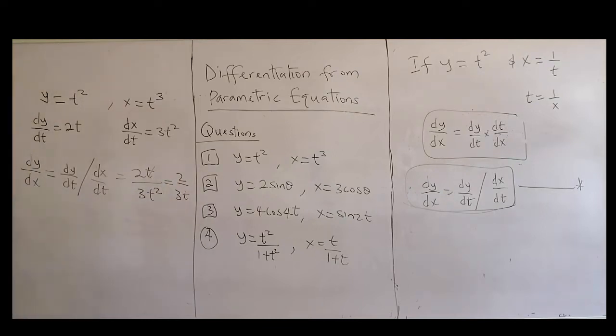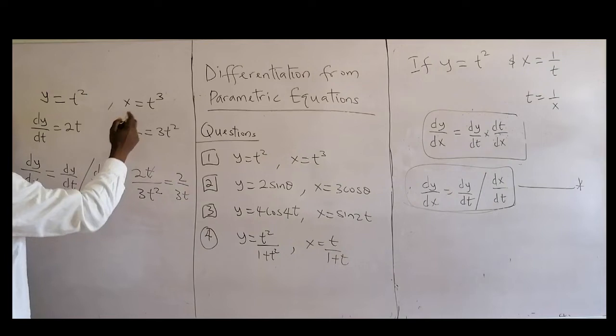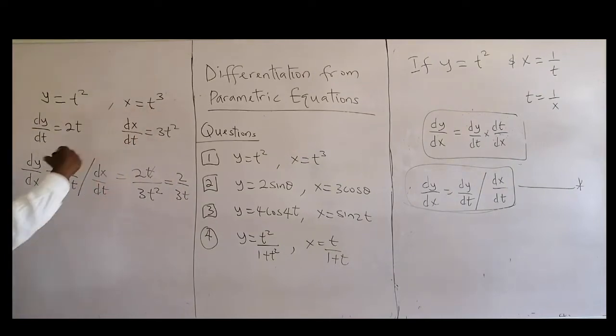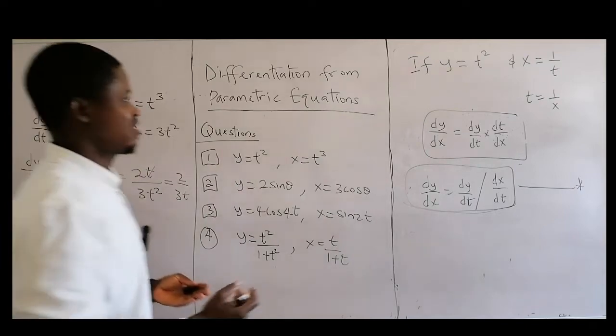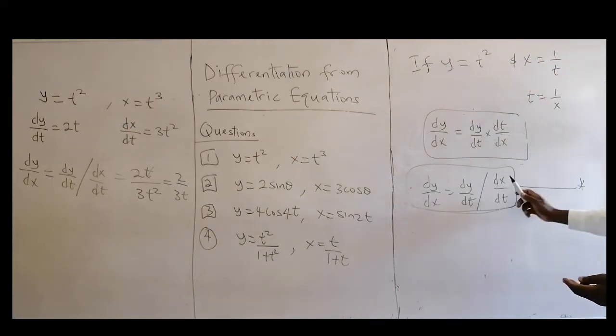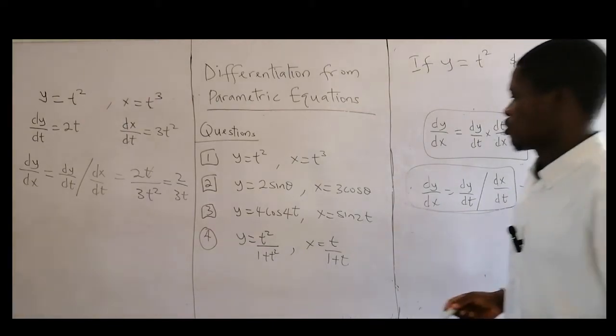Okay? So if you want to use the first equation, it's also applicable. What you have to do is make t the subject here, but that may be taking your time or complicated. So it's better to use this one. Just get your dy/dt and the dx/dt, and divide the two together. And that's all.